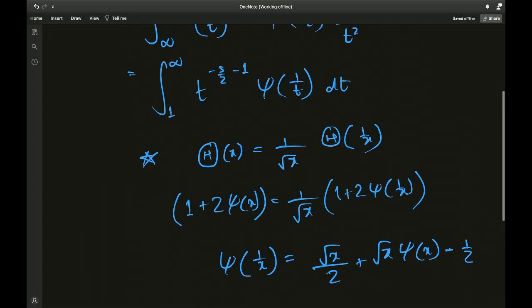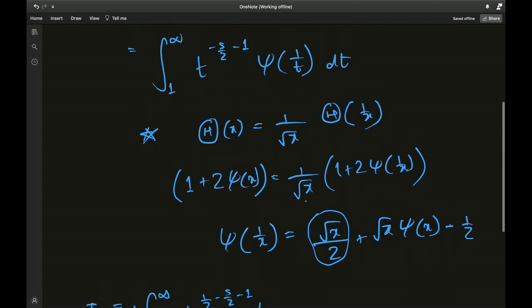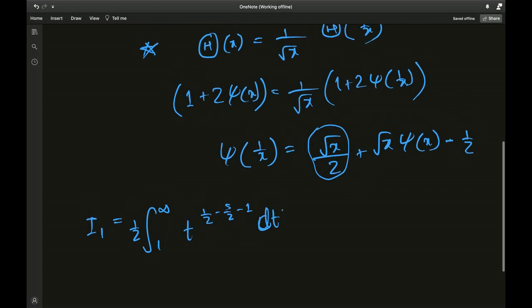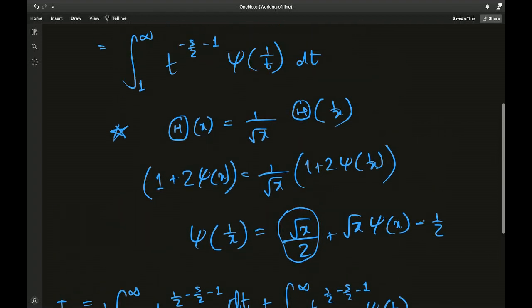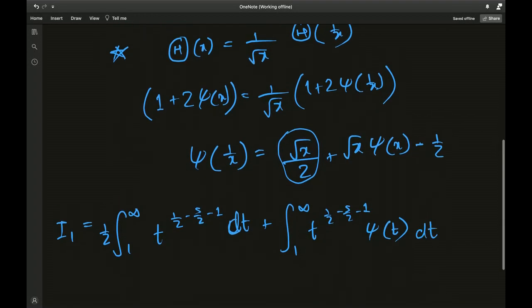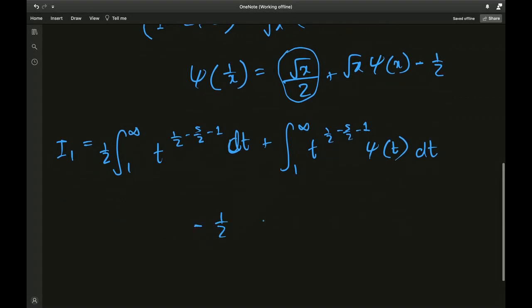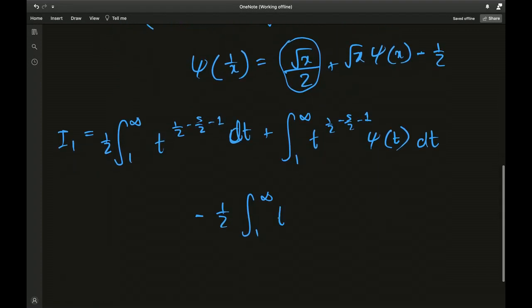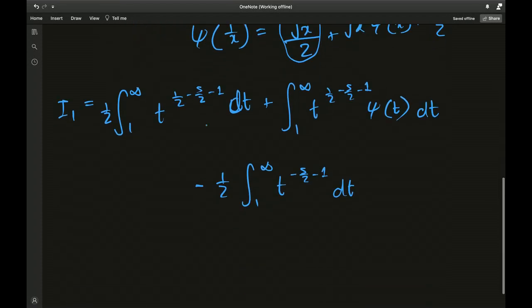That's the first part, and I'll put a dt there, plus the second one, there's no half now, integral from 1 to infinity, t to the half minus s over 2 minus 1, psi of t dt, and finally negative 1/2 integral from 1 to infinity, then just t without anything, so t to the negative s over 2 minus 1 dt. Let's just check that. Yes, that's right.